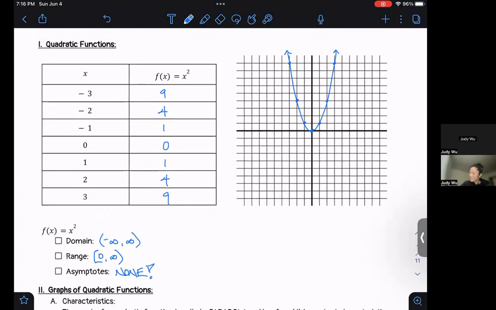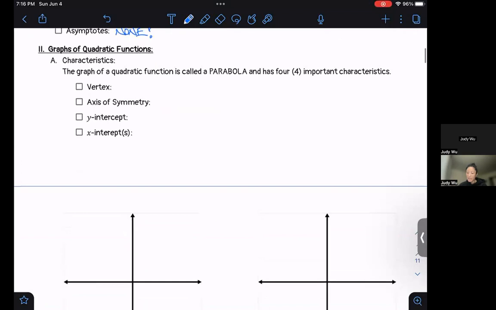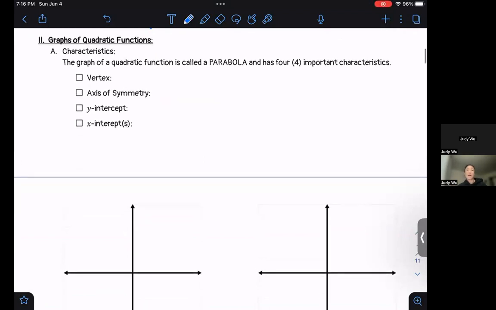So this is our overview of the quadratic function, and let's talk about some characteristics that come up for all quadratic functions. The graph of a quadratic function is called a parabola. There are 4 important characteristics for us to recognize, and we want to be able to find these from a graph but also from equations.